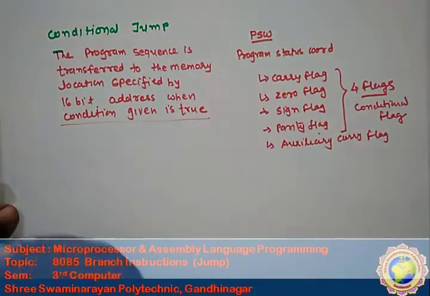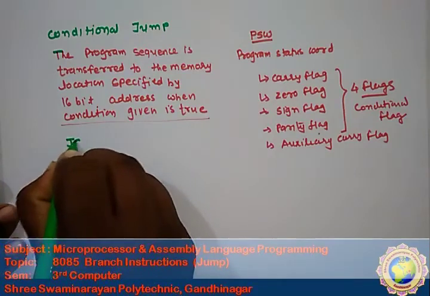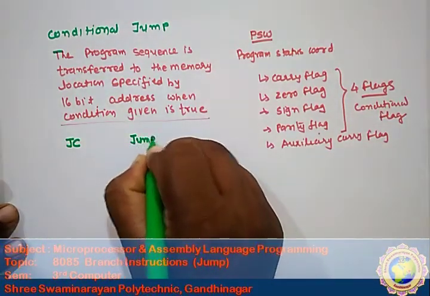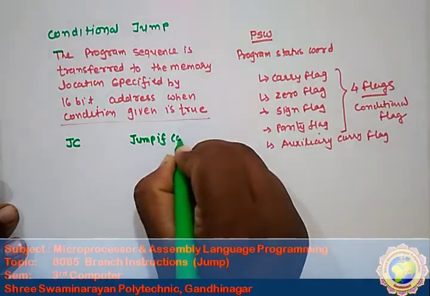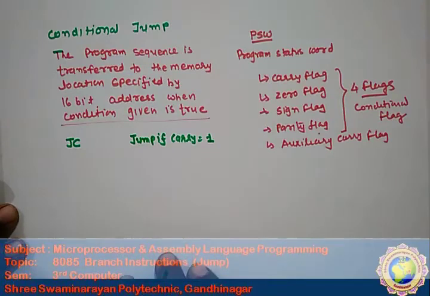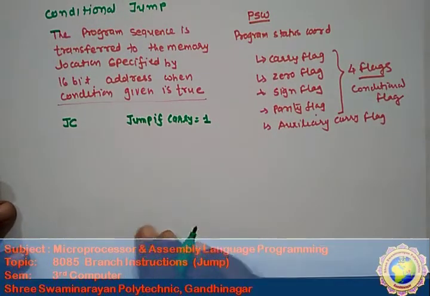Now we are going to discuss the different types of condition. The first is JC. The meaning of JC is jump if carry flag is equal to 1. It jumps when carry flag is equal to 1.